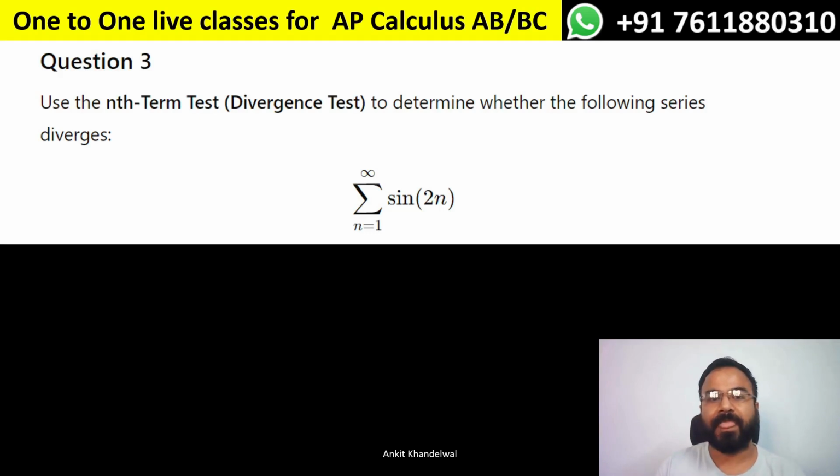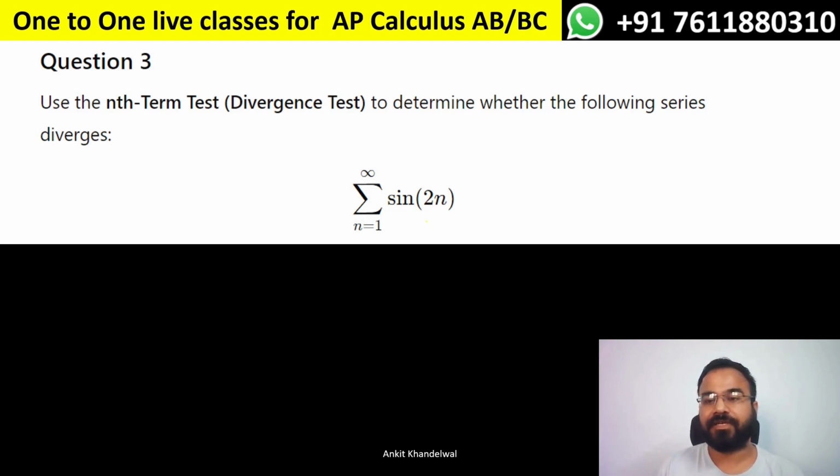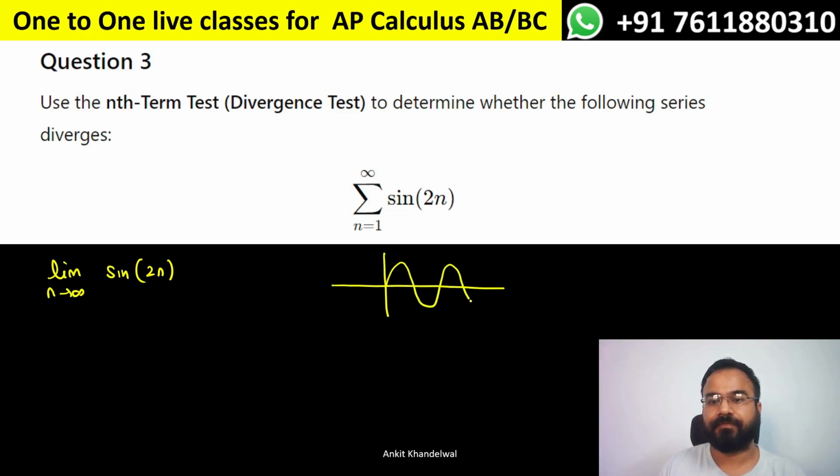Let us see this one. It is saying use the nth term, whether it is written nth term or the divergence, both of them are the same. So here the general term is sine of 2n. So let's calculate limit n tends to infinity of sine of 2n. Now n is going toward infinity, and you know the graph of sine goes like this.